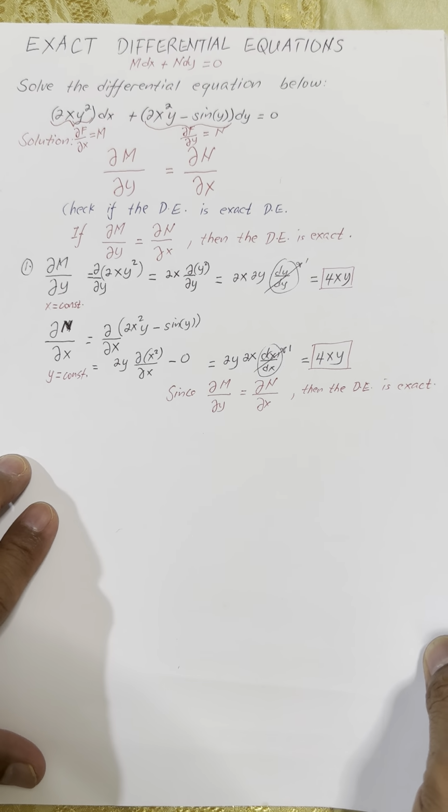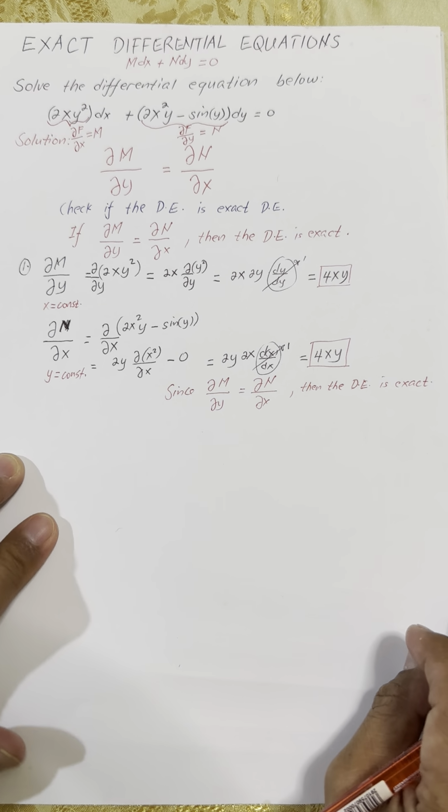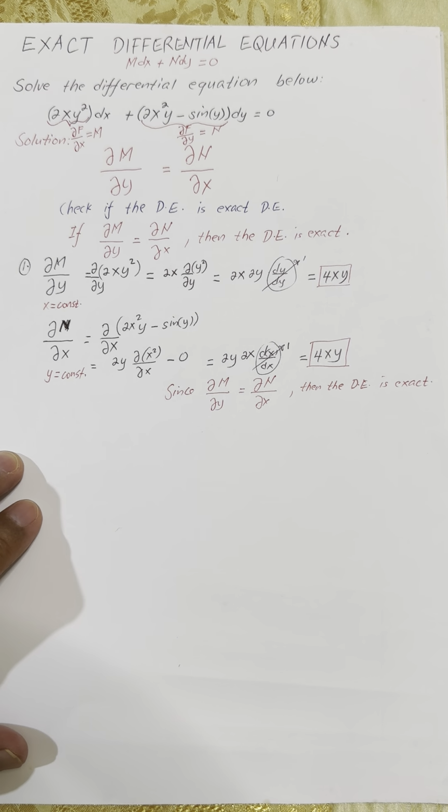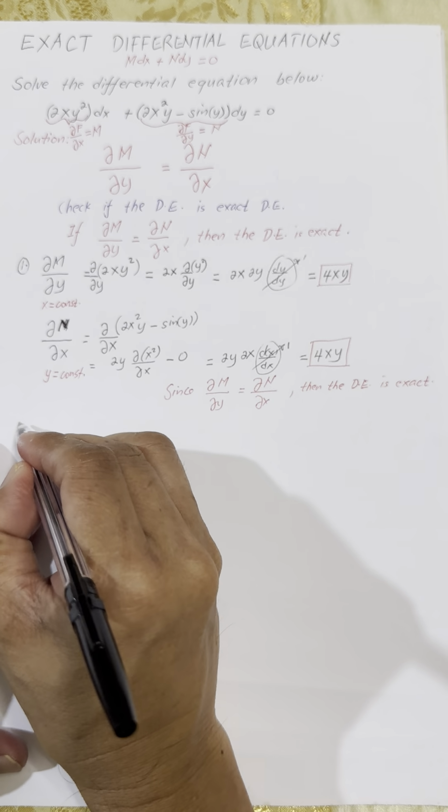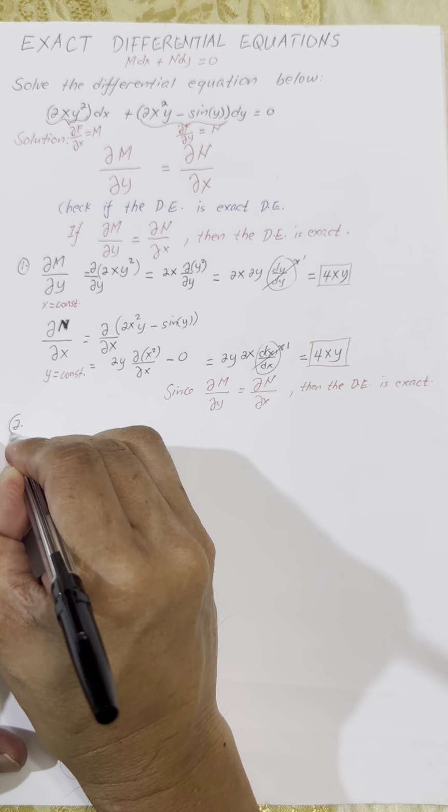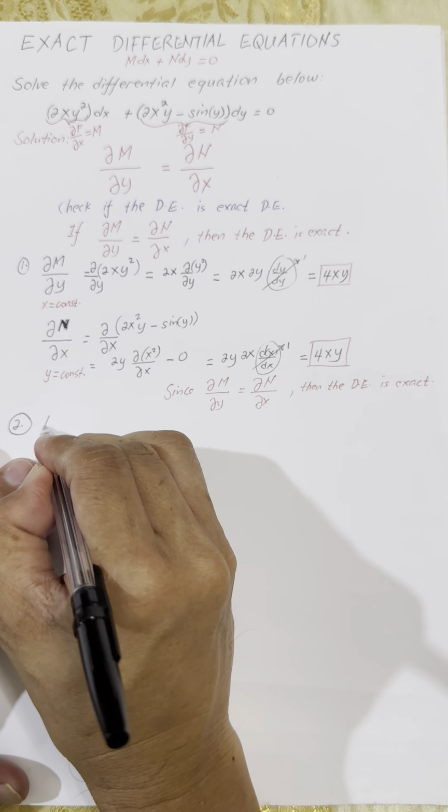Now if the DE is exact, what's the next thing that we have to do? The second thing that we need to do is to find f.